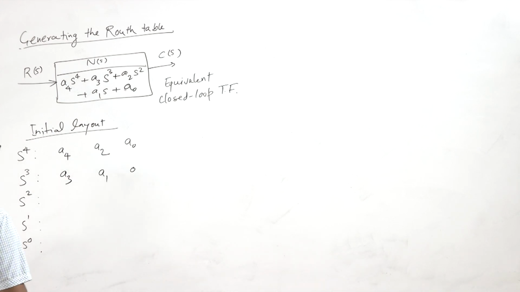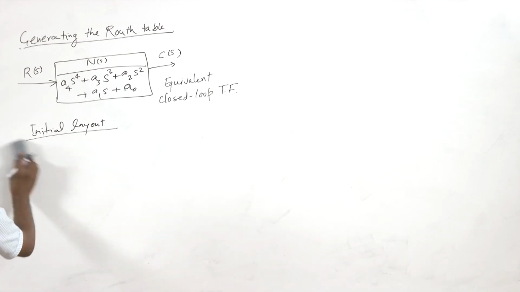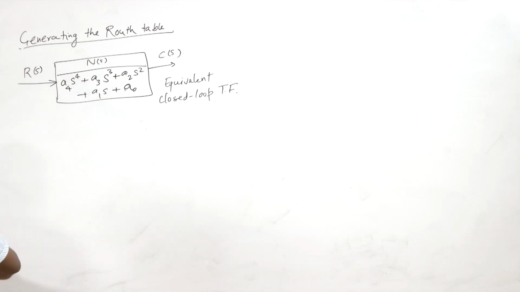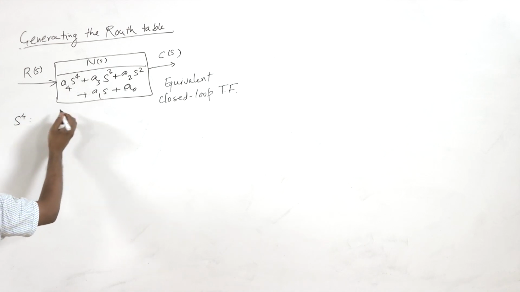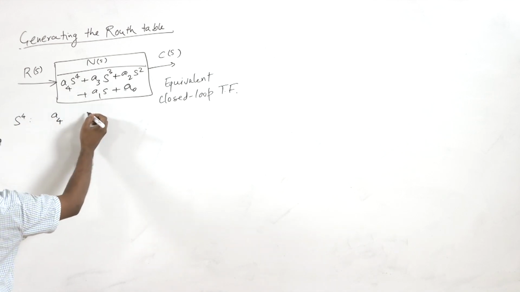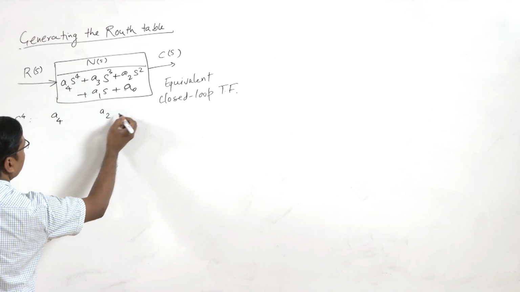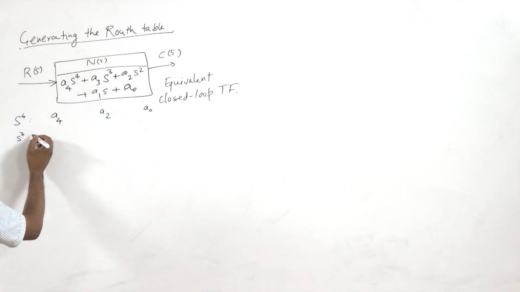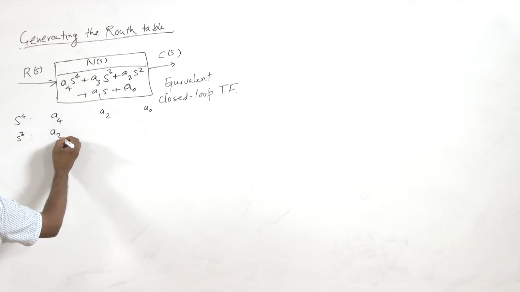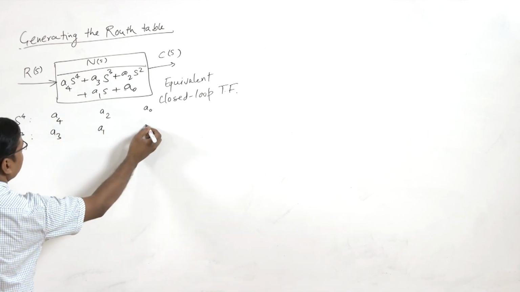To find the s^2 row, here we have s^4: A4, A2, A0, then s^3: A3, A1 and 0.